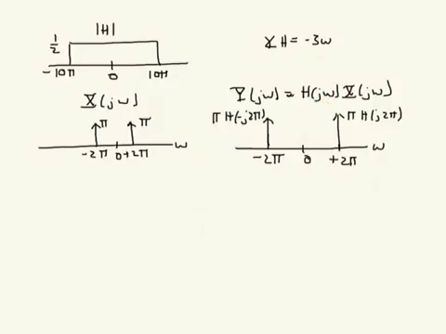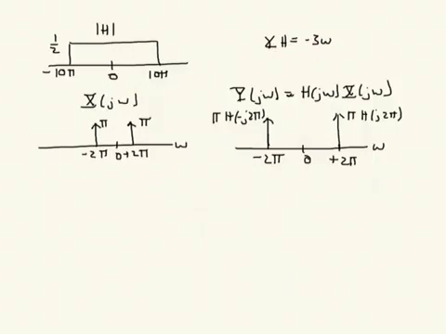Well, in our case here, we can see the magnitude of both of these two things is going to be the same. It'll just be a half. We figured that out before. And the phase of these things, this one will have a phase of minus 6 pi, and this one will have a phase of plus 6 pi. But overall, the phase is e to the minus j3 omega.